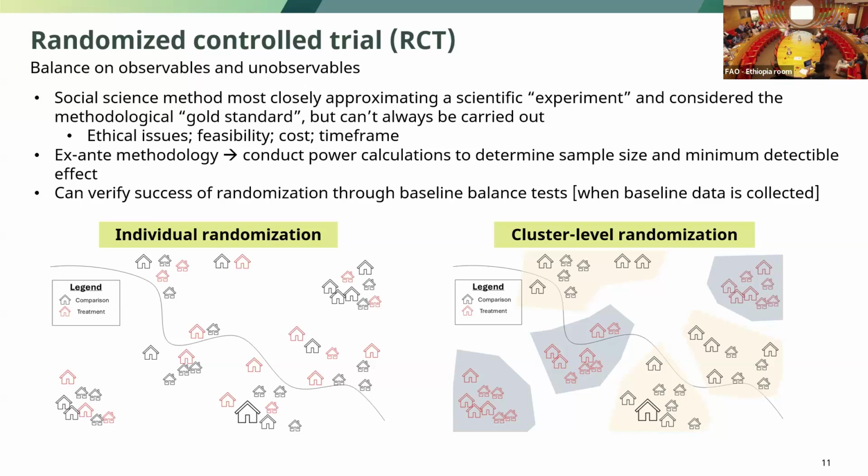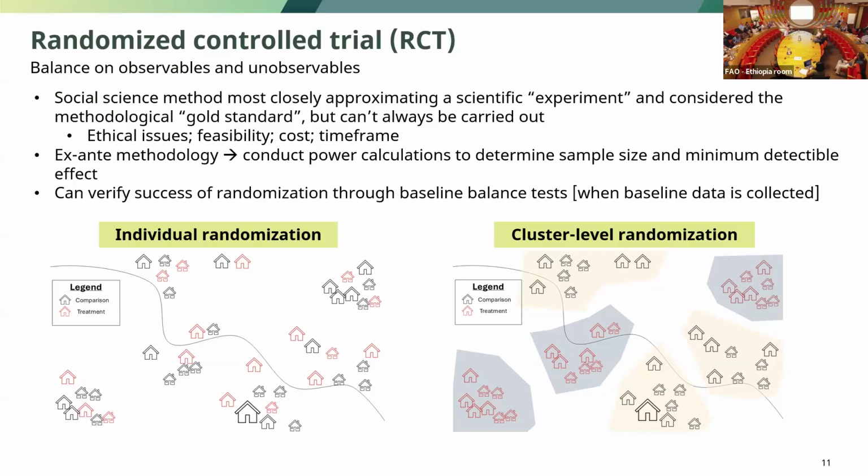So in advance of an RCT, there's a bit of work that the researchers need to do. You need to run power calculations and figure out your sample size. You need to determine whether your unit of treatment is at the unit level or at the cluster level. And these illustrations show two different variants of that. So one is where you'd have a series of households across multiple villages.